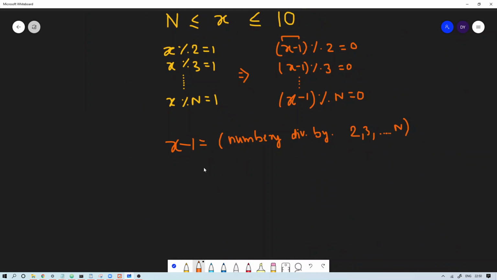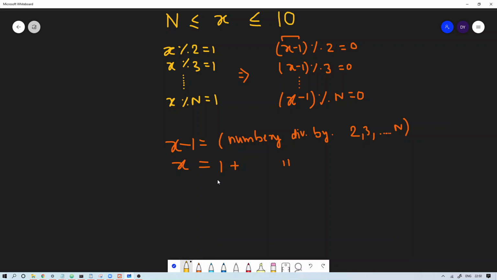And from here you can find x by adding 1 to the number that you will find. So the only task left is finding the number which is divisible by 2, 3, 4, 5 till n.